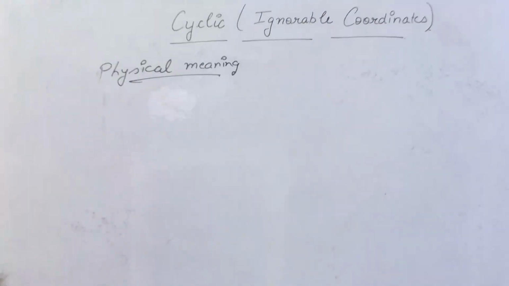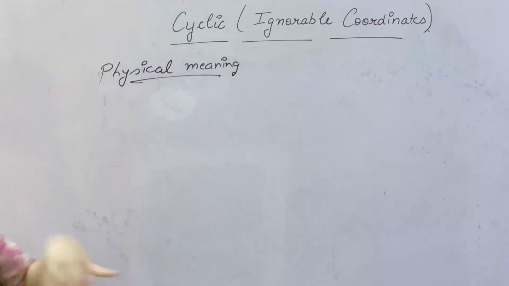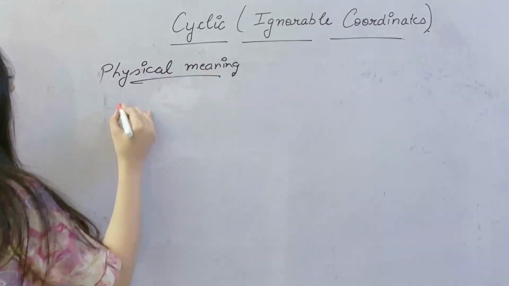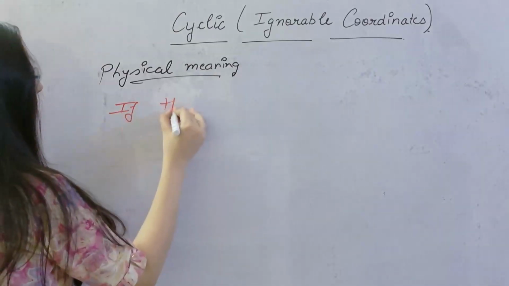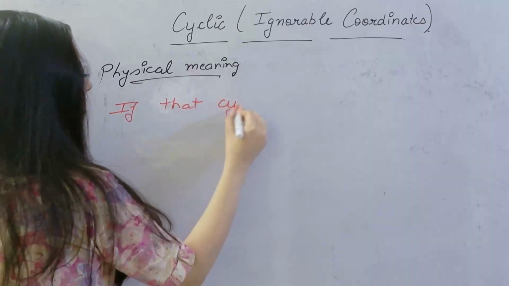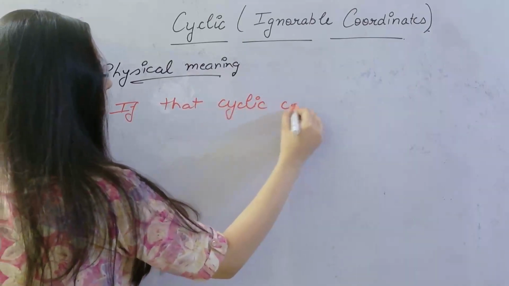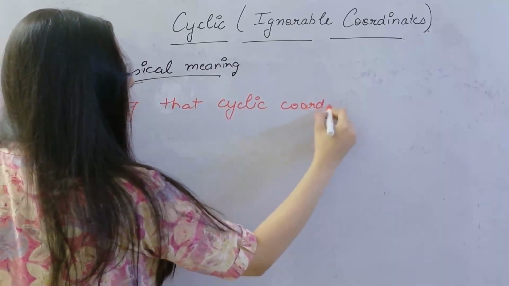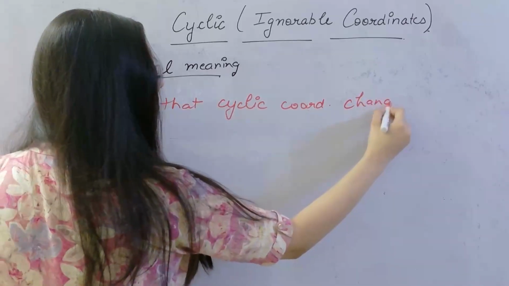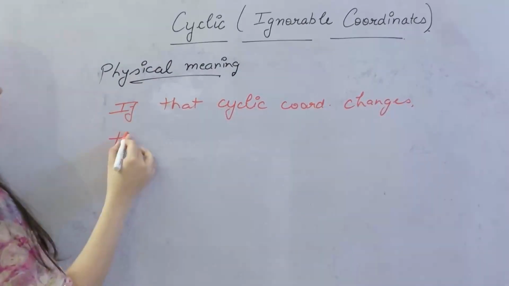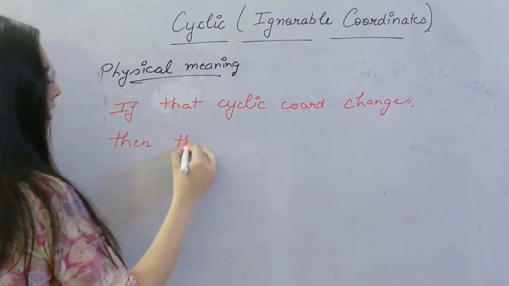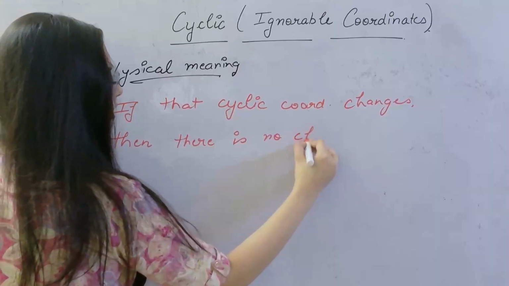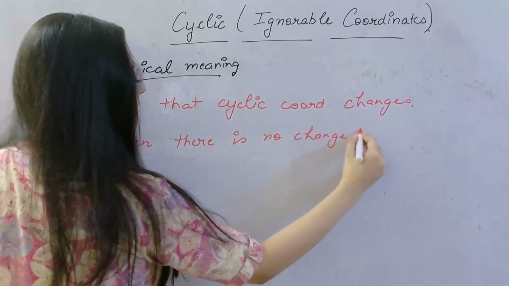It means that if I change anything in this cyclic coordinate, if that cyclic coordinate changes, then there is no effect on the Lagrangian. There is no change in the Lagrangian.